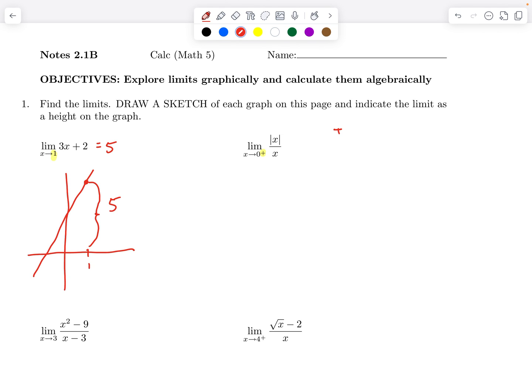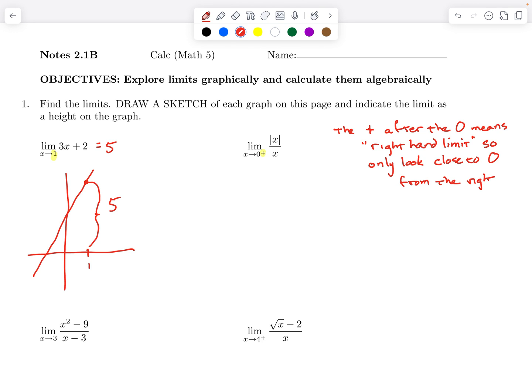So this time when we trace, we don't find anything at 0 because you can't divide by 0.